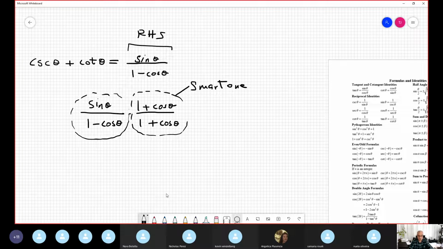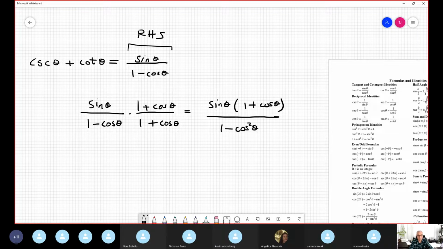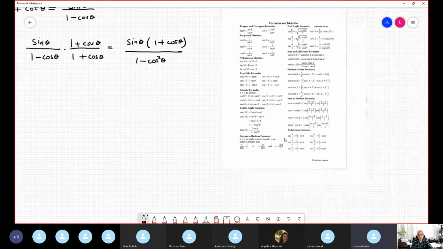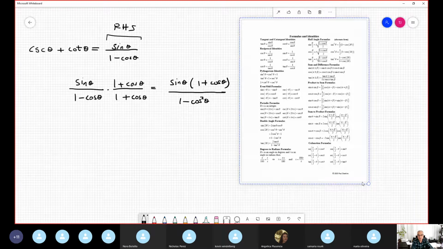How? This is a traditional, classical example. When you multiply, we have sine theta, parenthesis, 1 plus cosine theta. In the denominator, as I did before, it's 1 minus cosine square. Do you remember that? Yes, it's the formula, the shortcut of the multiplication.